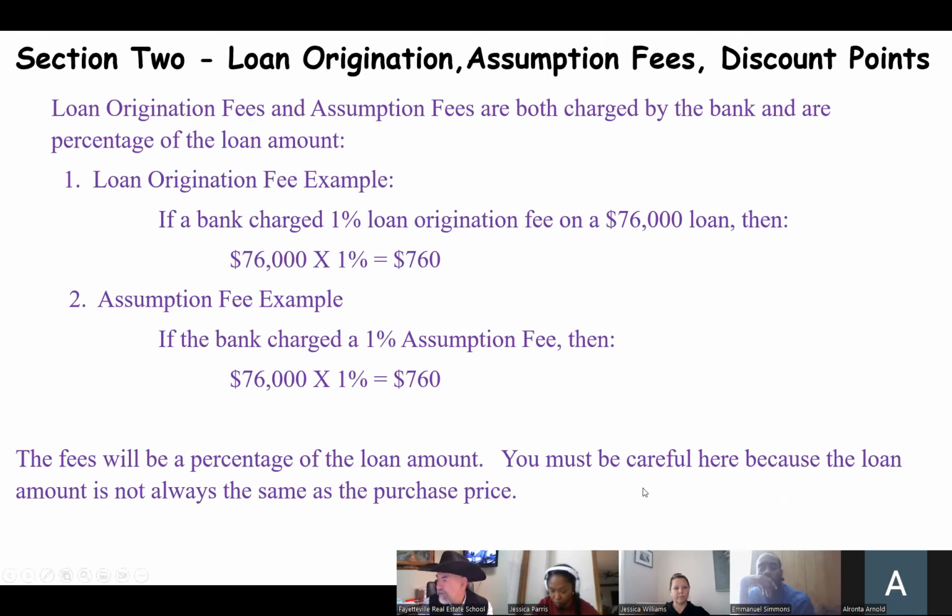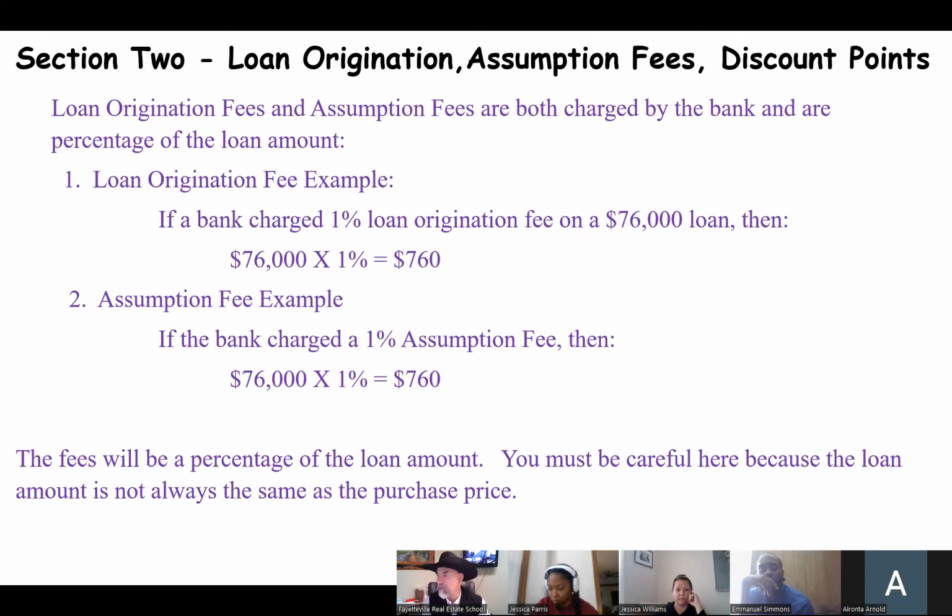All right, and again, you must be careful because the loan amount is not always the same as the purchase price, not always the same. So if it gives you the purchase price and an LTV percent, you're going to have to compute that loan amount first before you can do these calculations. So loan origination fee, simple calculation, assumption fee, simple calculation.